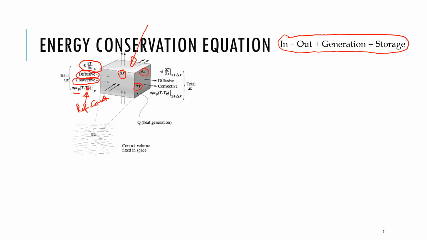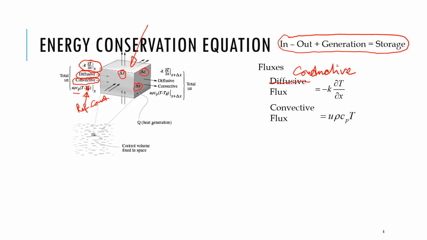So it's just U rho Cp T. So let's just call it conductive flux. Diffusive is not wrong. Conductive flux is minus k del T del x, and convective flux is U rho Cp T, as we just derived in the previous slide. Together they will be coming in. This is the total. They will be coming in, and the same for going out.